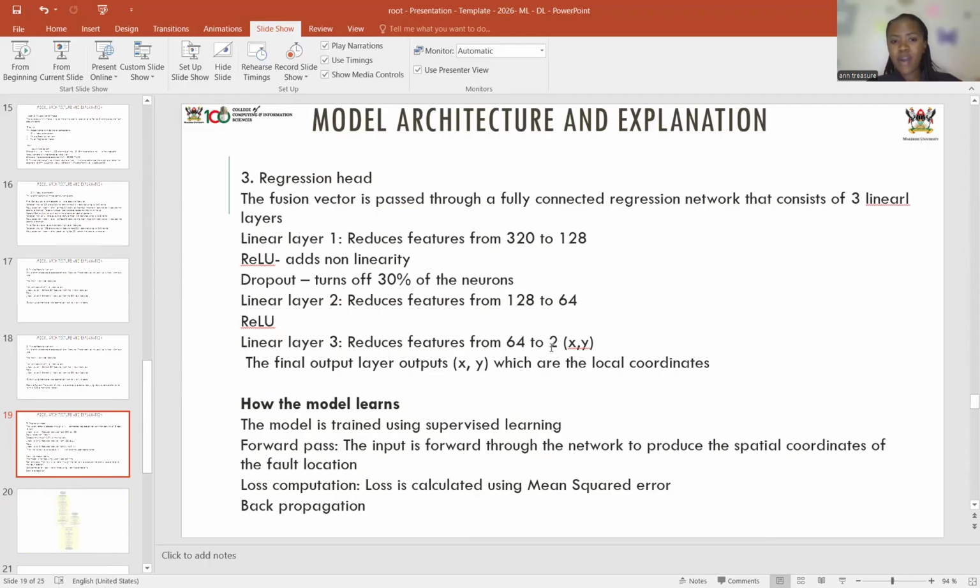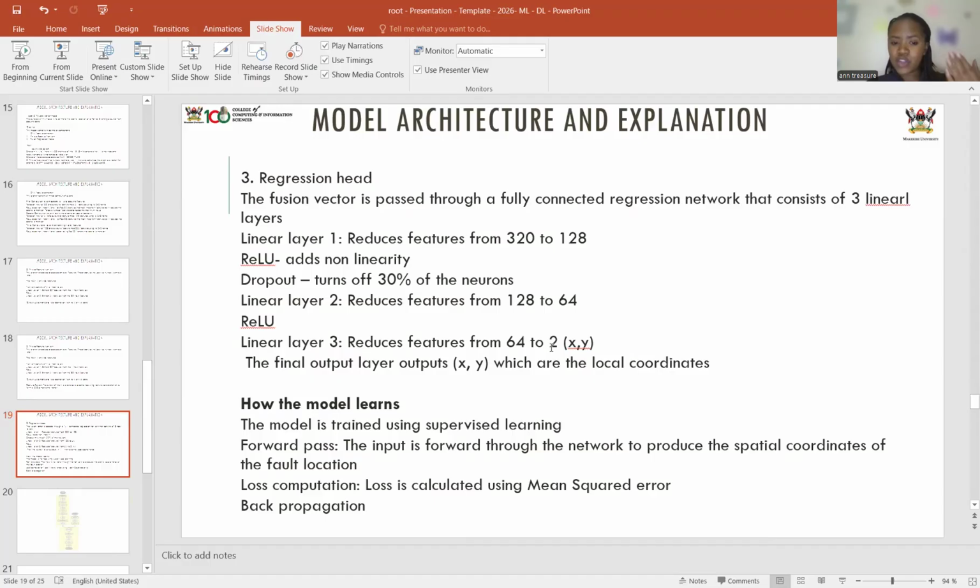Linear layer 1 reduces the features from 320 to 128. We have the ReLU that adds the non-linearity. We had the dropout. We had the second linear layer, and the third linear layer finally reduces the features from 64 to 2 coordinates.